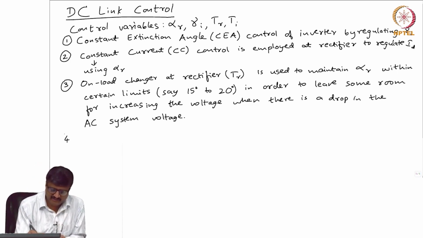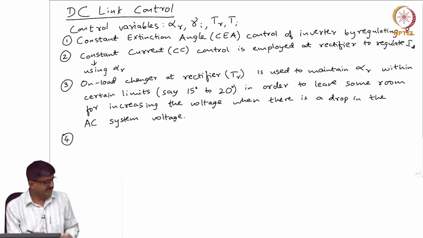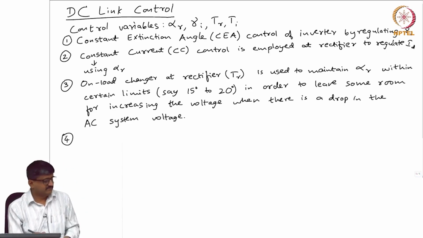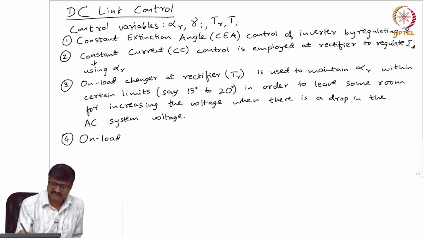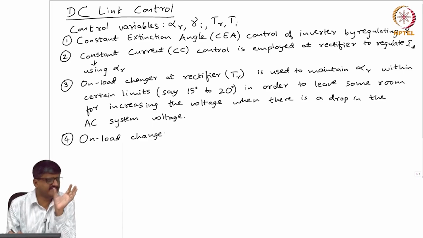There is one more control variable, that is TI. So now how do you use TI? There is an on-load tap changer at the inverter. All of these are used to regulate one particular quantity to a desired value or within a certain range.